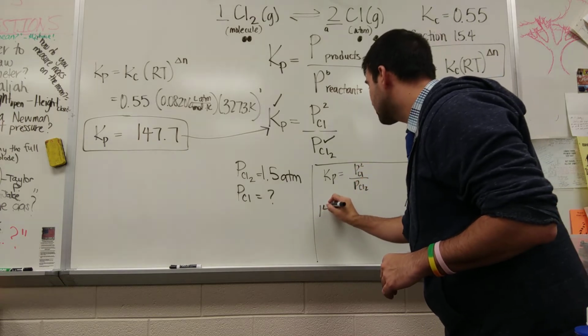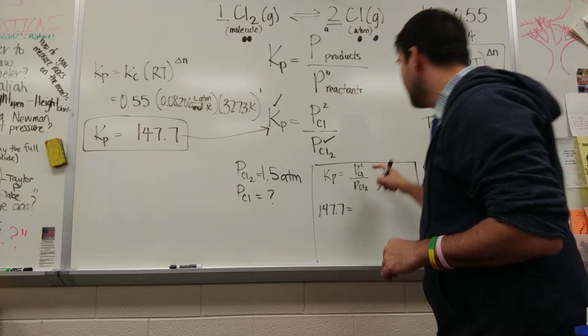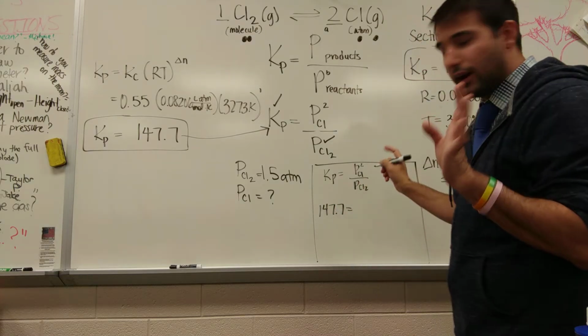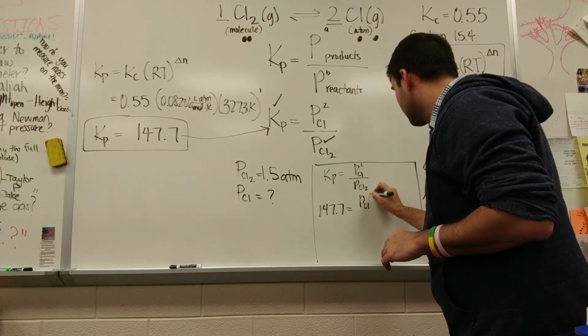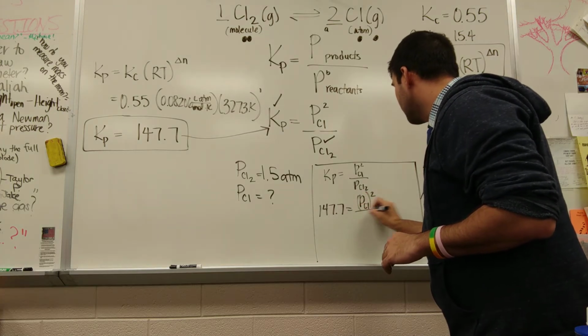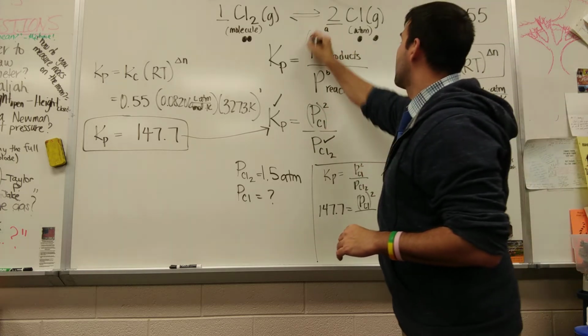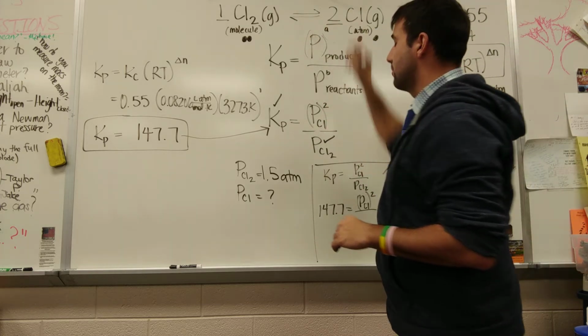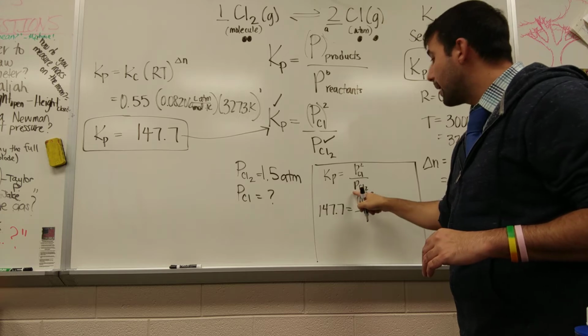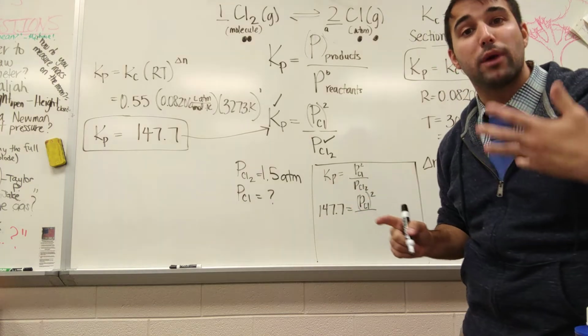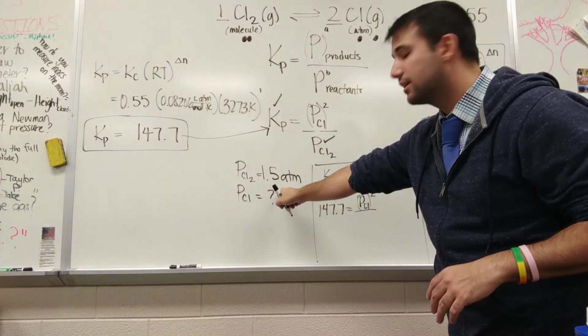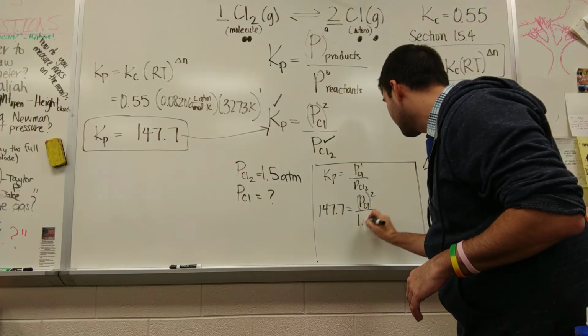Kp is 147.7. My PCl squared, I don't know yet. We know that it's the partial pressure of the products raised to some power, right? And my PCl2, or also known as my partial pressure of Cl2, is given to me as 1.5.